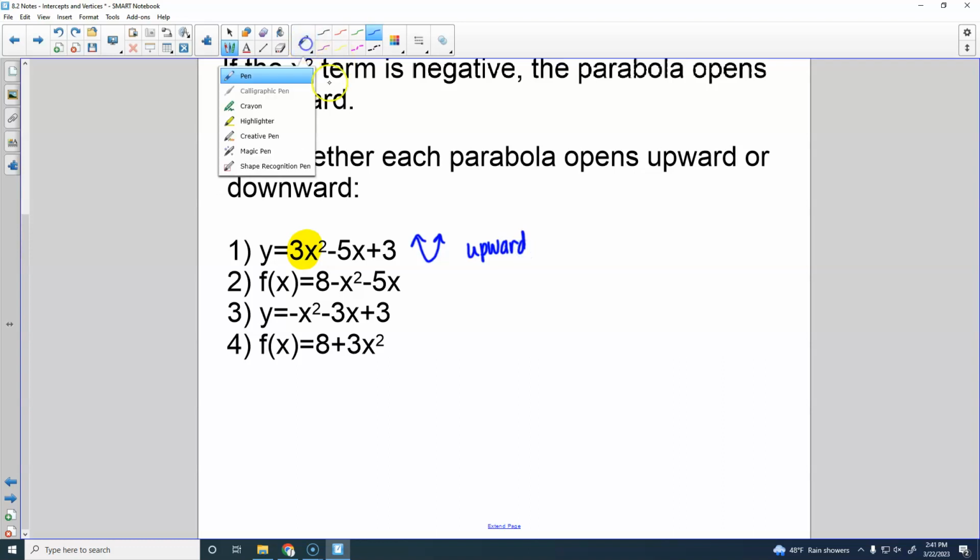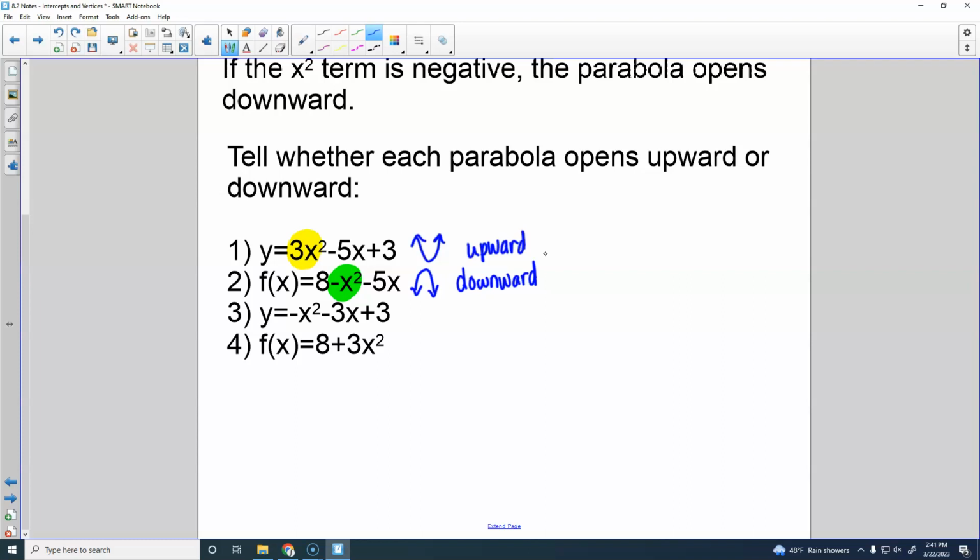Okay. If we look at number 2, I've got negative x squared. So my x squared is negative. So this would be sad face, downward. Okay. Anna Grace, what about number 3?